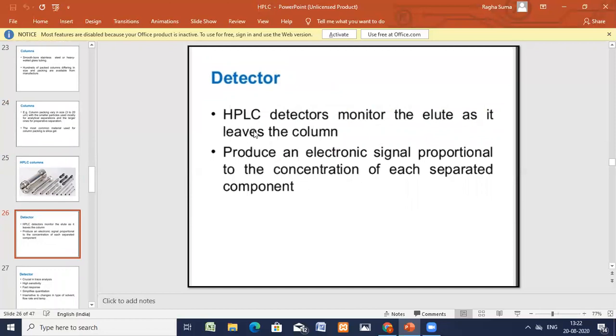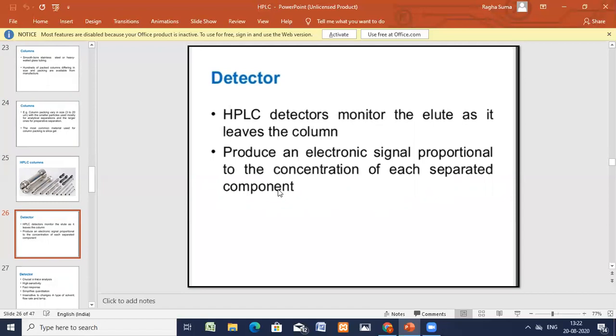HPLC detectors monitor the eluate as it leaves the column, and produce an electronic signal proportional to the concentration of each separated component.